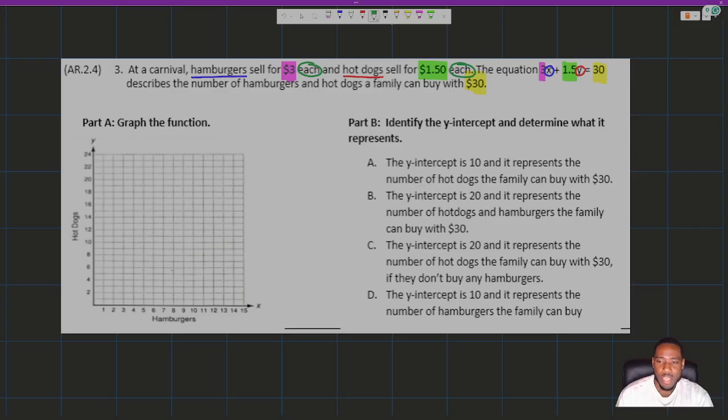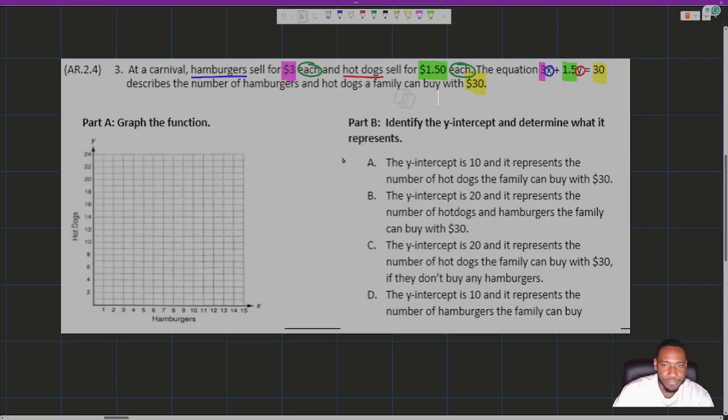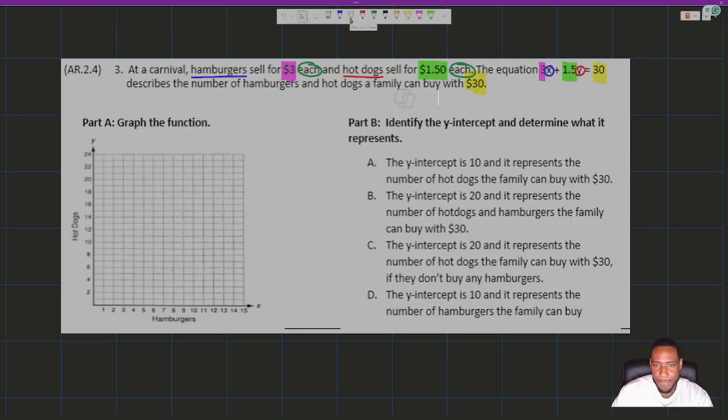Okay? So using that information, we're going to do two things. The first of which is graph the function, and then the second is going to be identifying the y-intercept and determining what it represents in the context of the problem. So to start, I'm going to go ahead and take our equation and work with it a little bit.